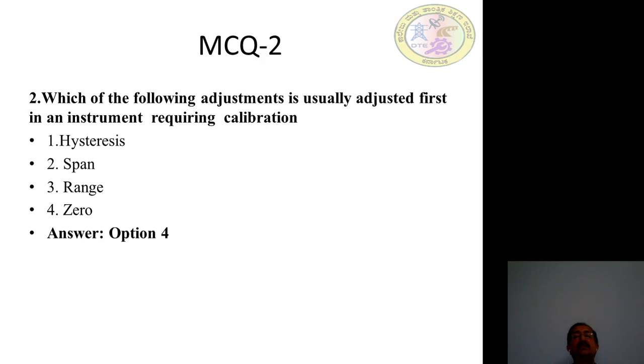The reading should show 0. That is zero setting. If the movable jaw and fixed jaw are not coinciding and it gives some reading, then the instrument is not perfect, or whatever reading you get, you have to add to or subtract from the result. Options given: hysteresis, span, range, 0. The option is 0.